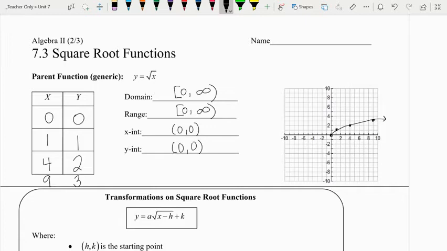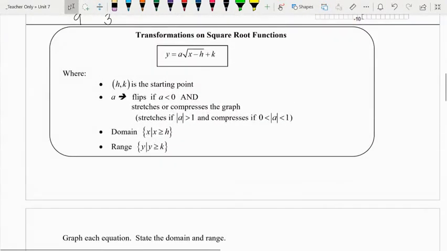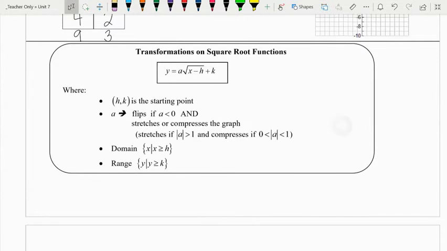Okay, so we're going to focus on transformations with this. Remember you have your h and your k, which does indicate your starting point, just like it did with parabolas. And then the same rules apply with a. Okay, it flips if a is less than 0, and it stretches or condenses.